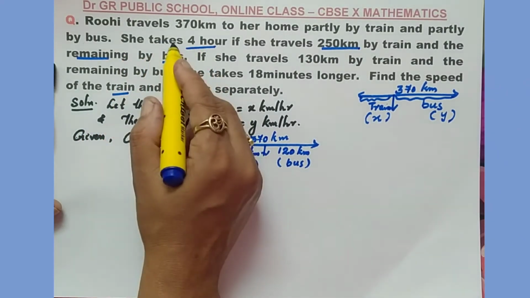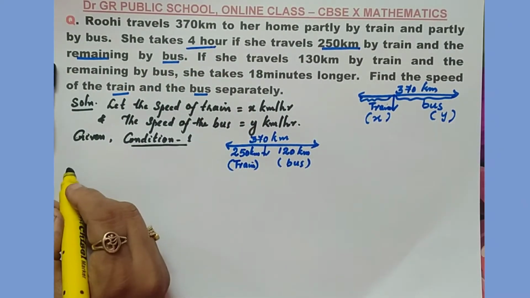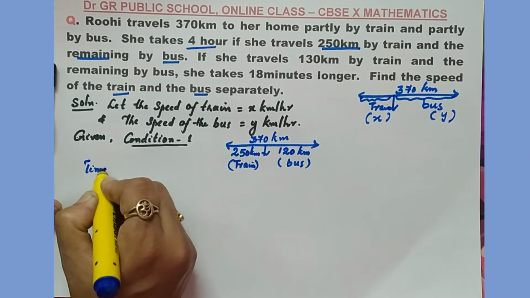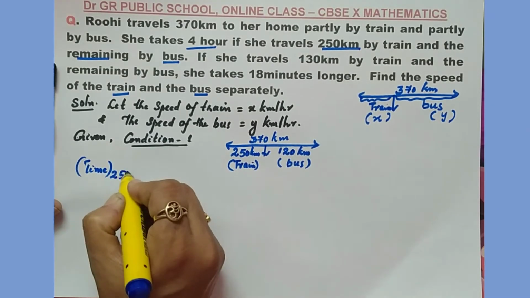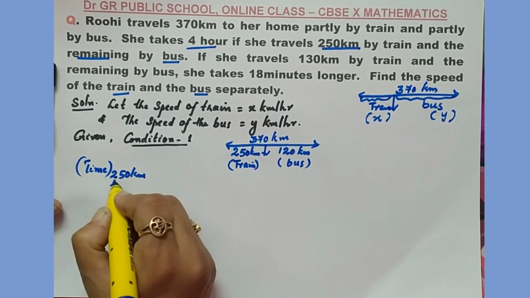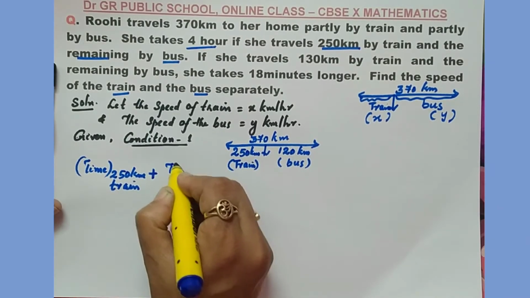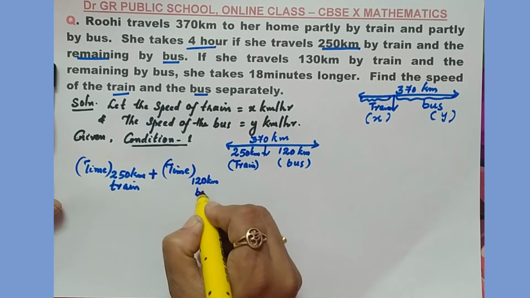The total time given for you is 4 hours. So as per condition 1 we can write the time for 250 kilometers by train plus the time for 120 kilometers by bus.